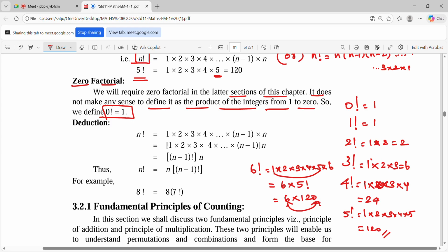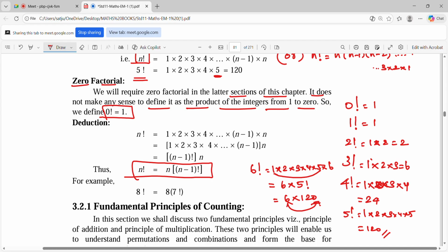This concept also please remember. I reduced 6 factorial as 6 into 5 factorial, because 1 into 2 into 3 into 4 into 5 can be written as 5 factorial, and the remaining 6 is there. That is why this property plays a vital role: n factorial is nothing but n into n minus 1 factorial.